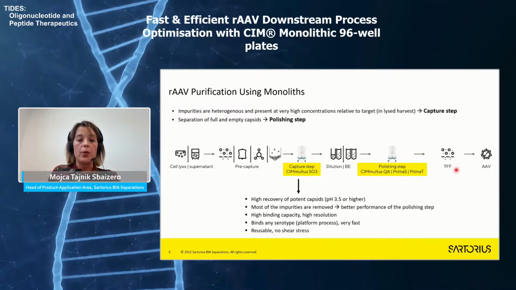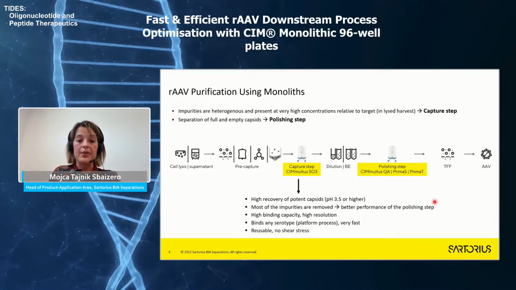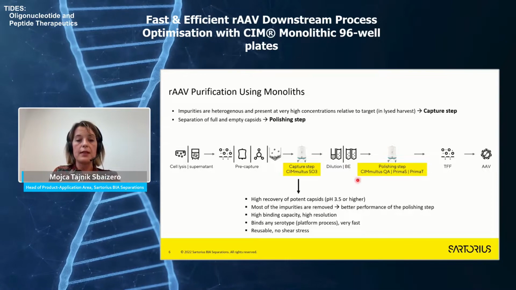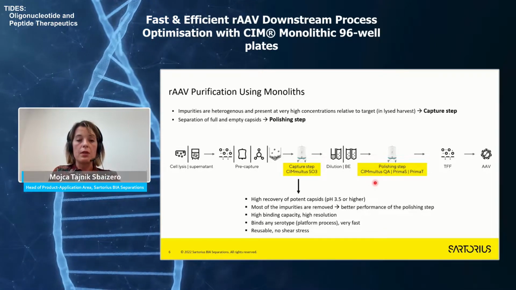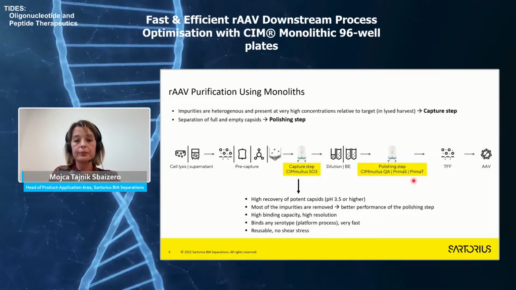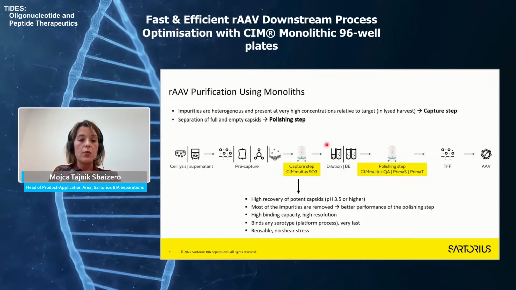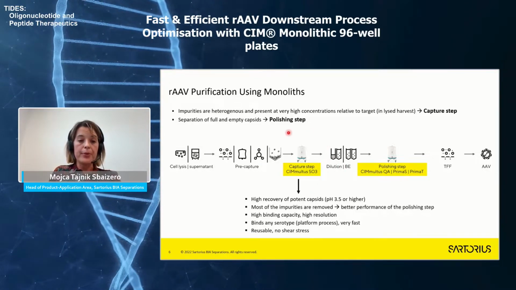And then we have the polishing step for the separation of full and empty capsid. For the polishing step, we can use either Simultus QA, Prima S, or Prima T column. And then just the formulation is left. Today we will focus on the capture step.